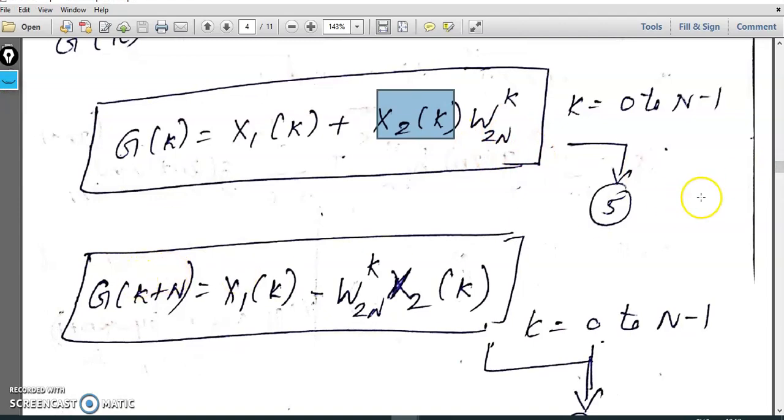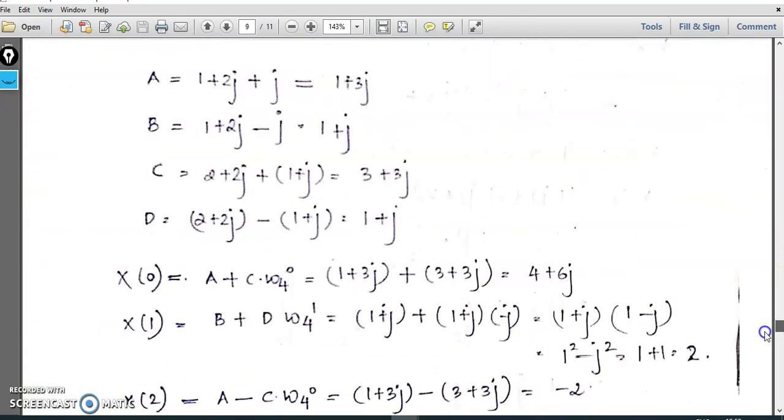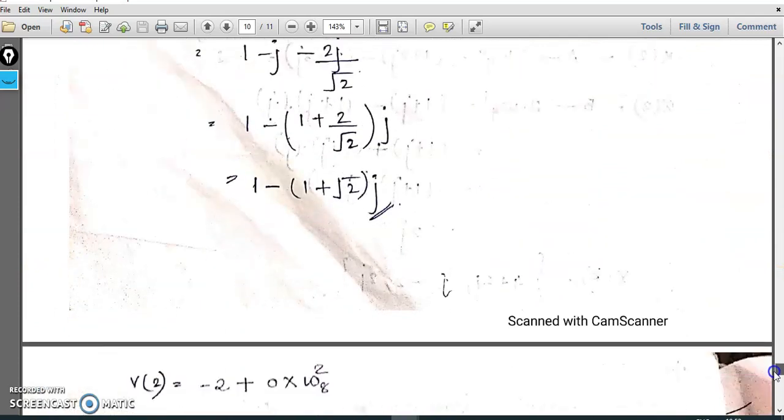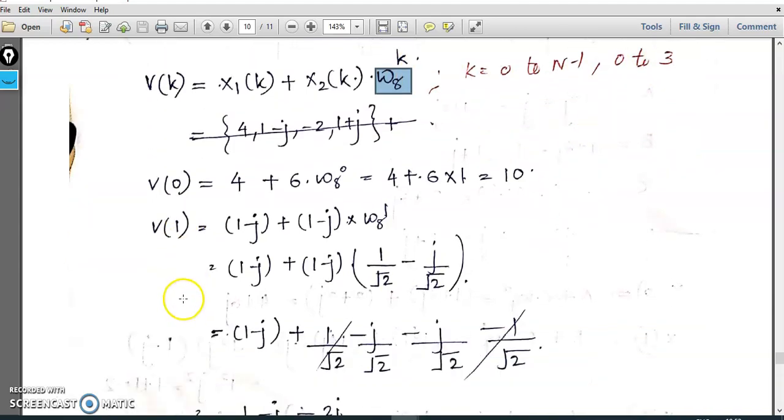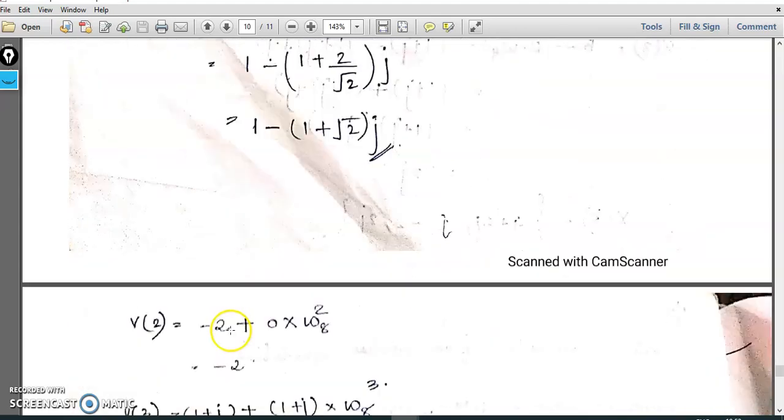So v of k is equal to x1 of k plus x2 of k into W8 raised to k. We know the value of the twiddle factor W8, and then find the values by varying k from 0 to N minus 1, that is 0 to 3. You will get v0, v1, v2 and v3.